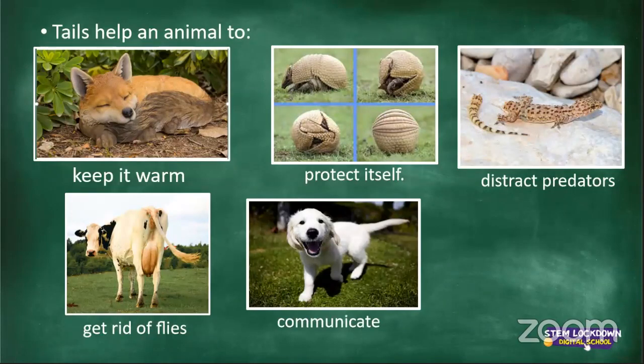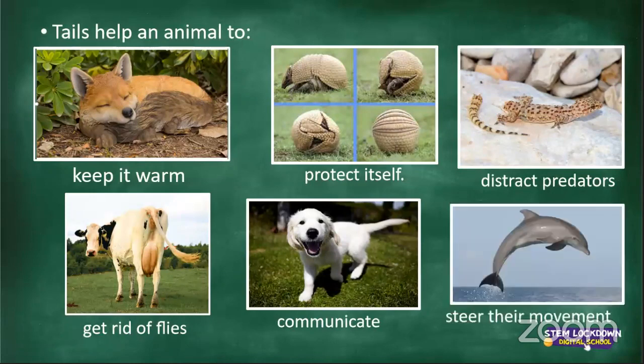And a tail can help an animal to communicate. Like we said, if your dog is happy to see you, it will wag its tail. Then a tail can also help an animal to steer their movement, like a dolphin. Yeah, I also think the puppies.